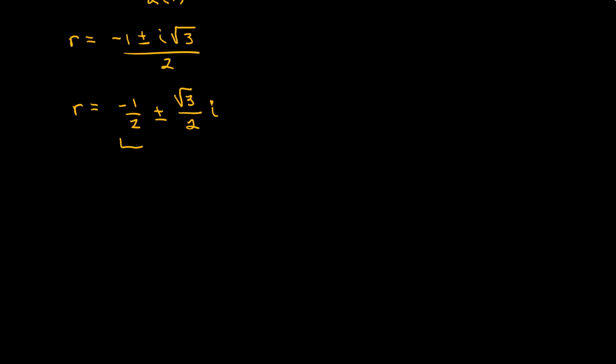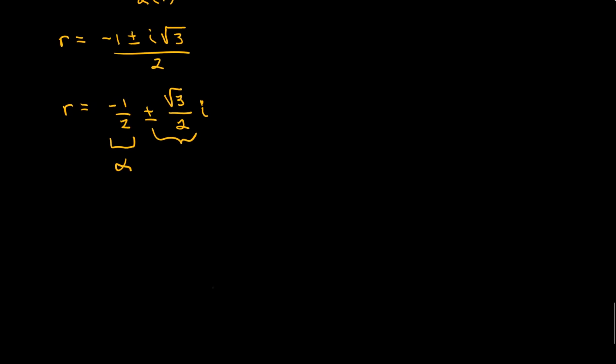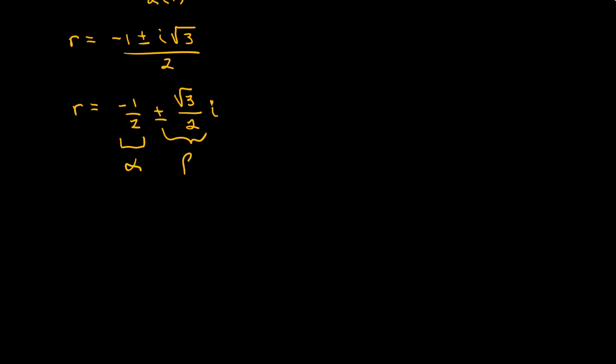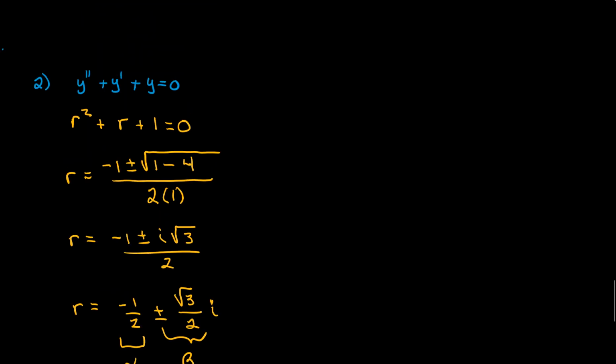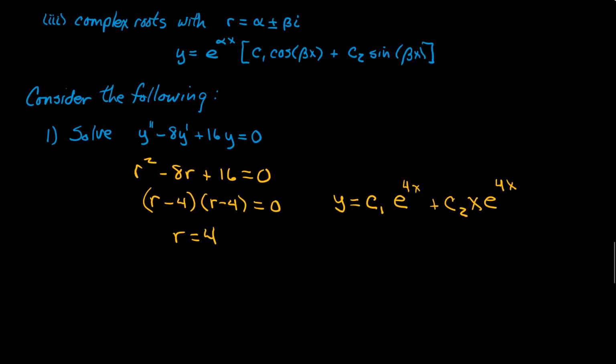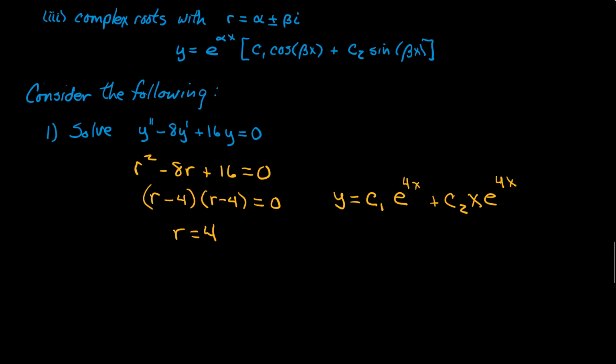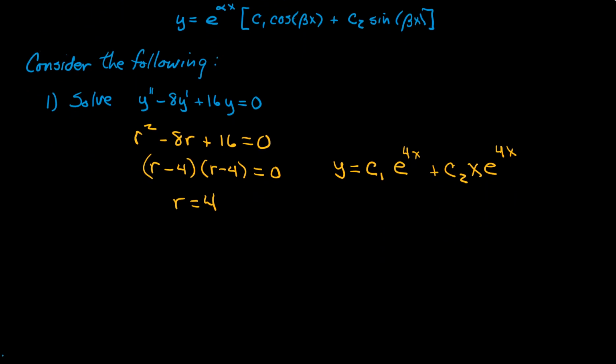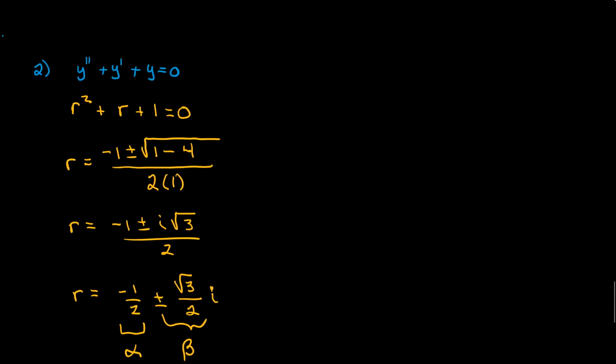Recall that this first term is alpha. The second term is beta. Okay, so with that done, you can now go after your solutions. Oh, look, right there they are. We're going to have y equals e to the alpha x. I'll just copy that down again.